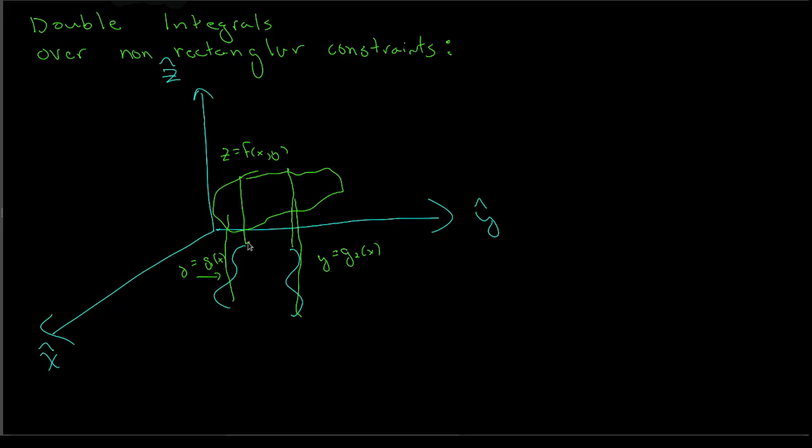And so we could create a wedge that its length is the difference between the two functions, and its height is the height of f of xy.